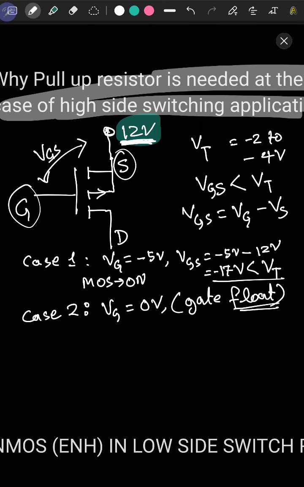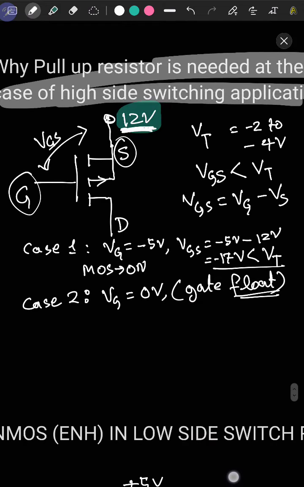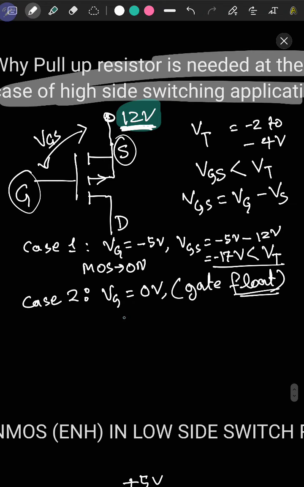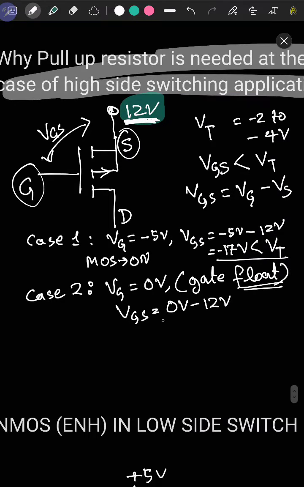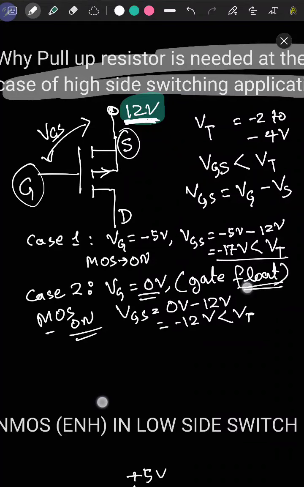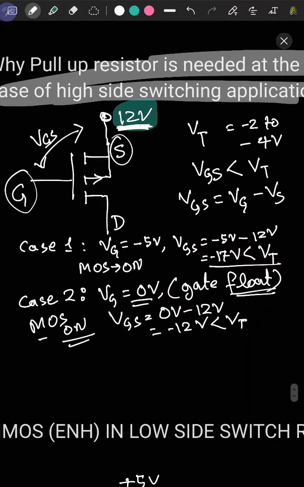In that case, your VGS equals 0 volt minus 12 volt, equals -12 volt, which is less than VT, and MOS is on. But this we do not want. We do not want to accidentally turn on the pMOS.